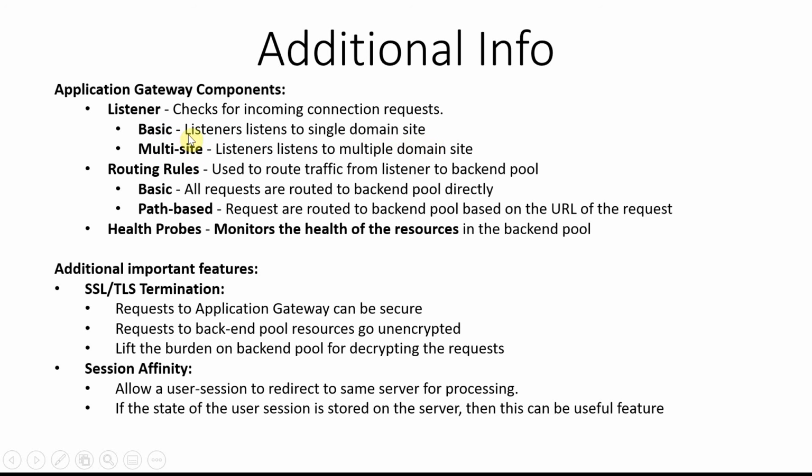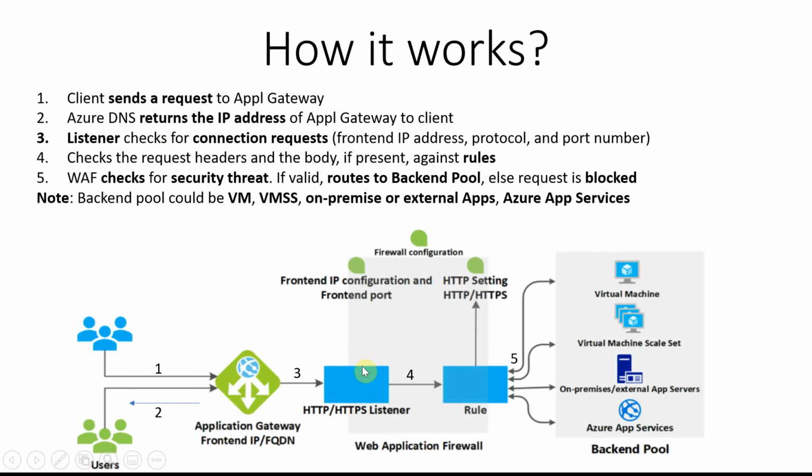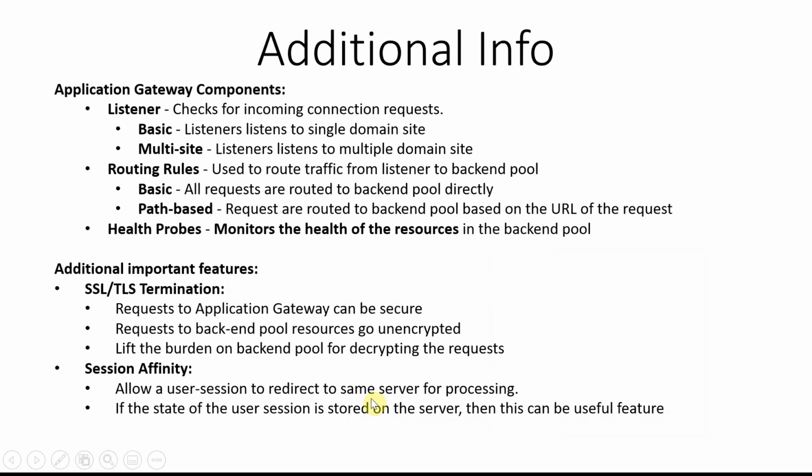But if your requirement is to look for multiple domains, then you should use a multi-site listener. The listener component does the same thing behind the scenes. It will apply the health probe on that component. So we should tell whether this is a single site or a multi-site, and accordingly choose the listener component: basic or multi-site.